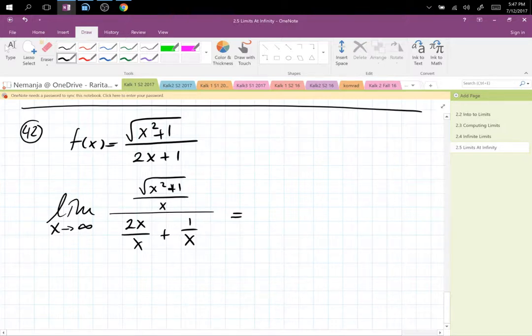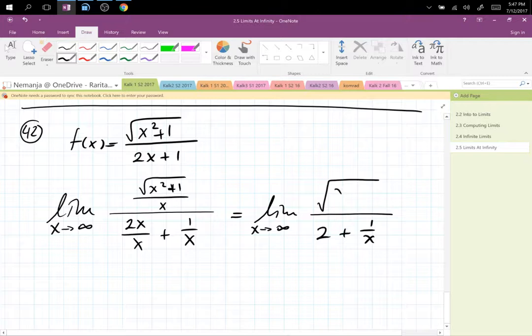So what happens now? This is one of the algebraic tricks that you don't see too often, so that's probably why you're not doing so well here. When this x goes underneath the square root, it becomes x squared.